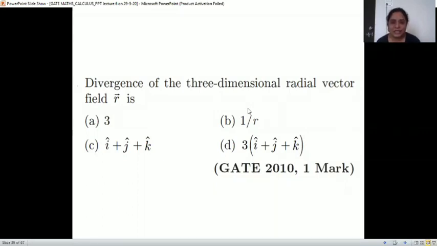R bar is a radius vector. What is the standard radius vector? It is x i bar plus y j bar plus z k bar, the standard vector field R bar. So what is the divergence of that vector field R bar?